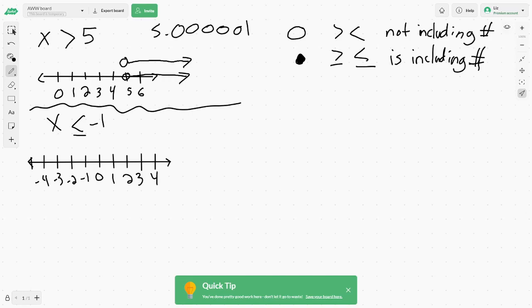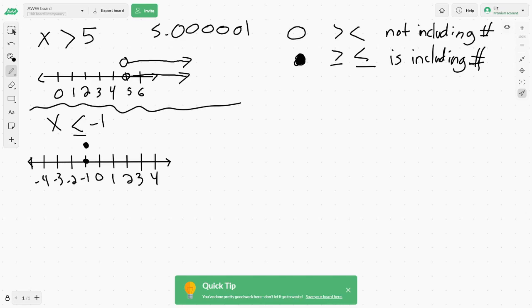So less than or equal to. That is including the number because it's or equal to, so we're going to have a closed circle here. I'm going to do it above just because it's easier to see what's happening, but you can draw it on the number line itself if you'd like. And then it's going to include every number that's less than -1.